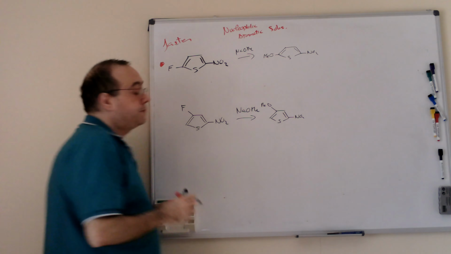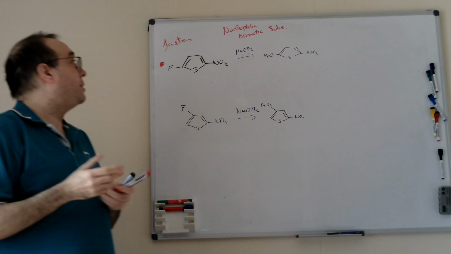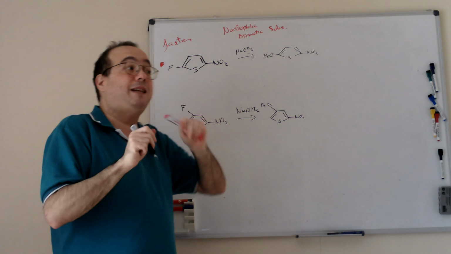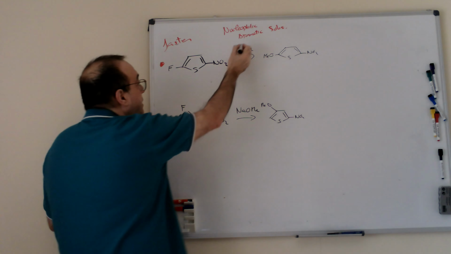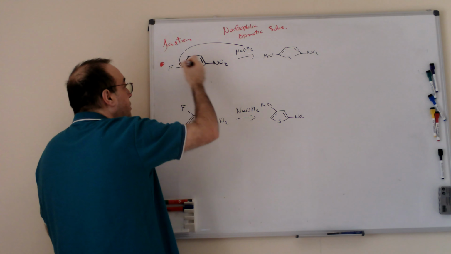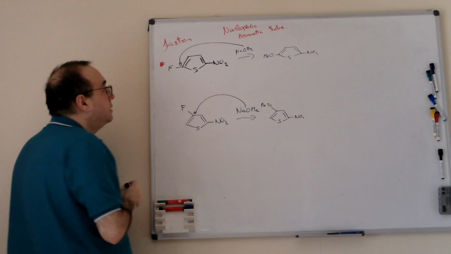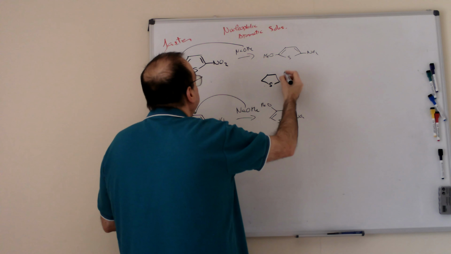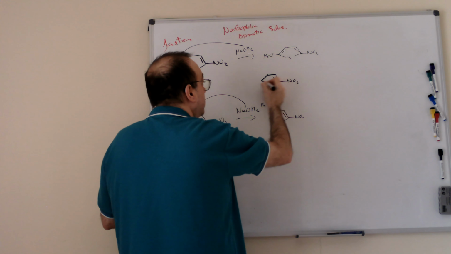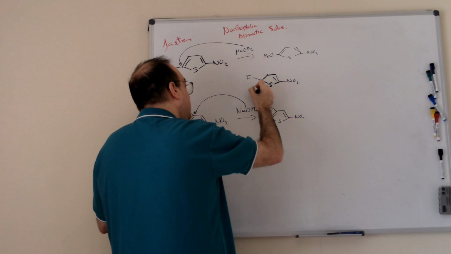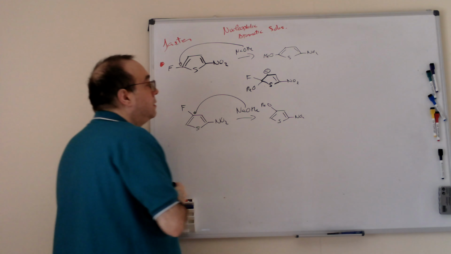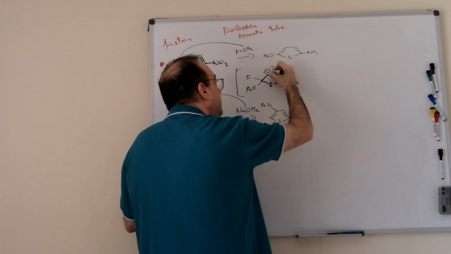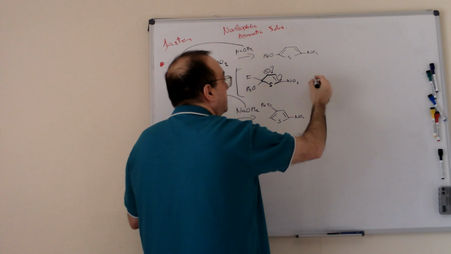If you remember how it works, basically the nucleophile, that is the methoxide, remember, methoxide is a base but also a very good nucleophile, attacks where we have the future leaving group. We generate this intermediate, the Meisenheimer intermediate, that we can stabilize by doing this.